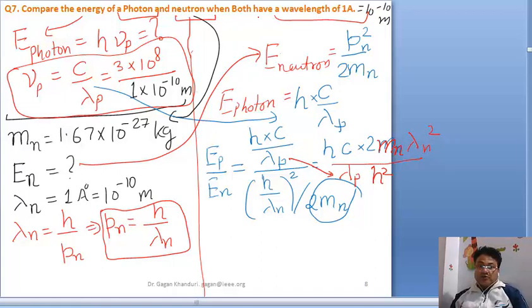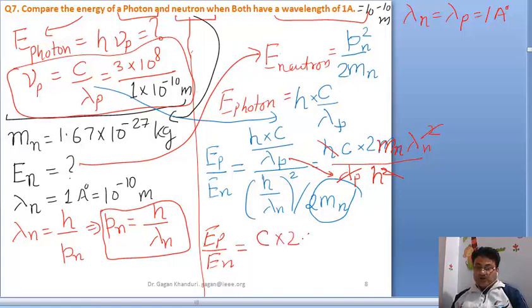Because they both have the same wavelength, lambda neutron equals lambda photon equals 1 angstrom, one of the squares is going to cut by this. Energy of photon by energy of neutron can be written as, one of the h is also going to get cancelled by this h. So I have c into 2 into mass of neutron, into lambda n, by h.